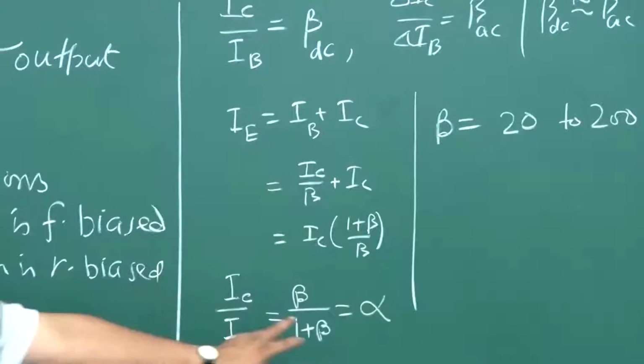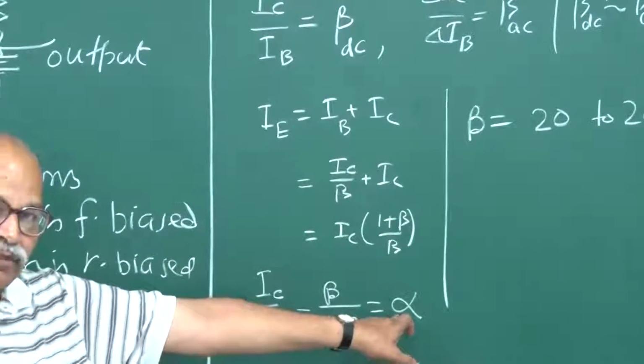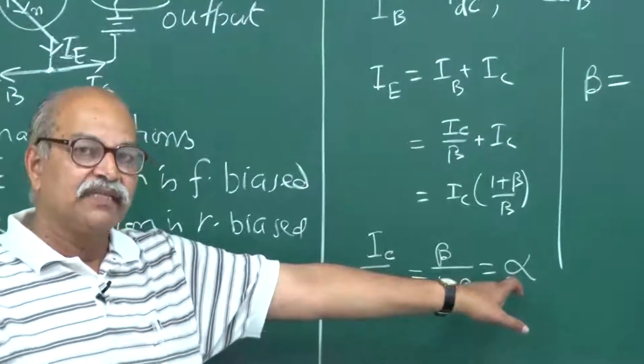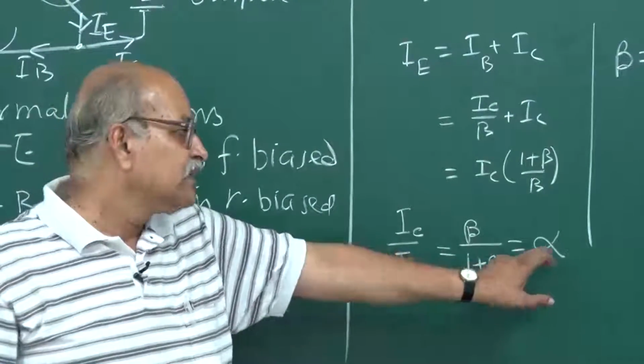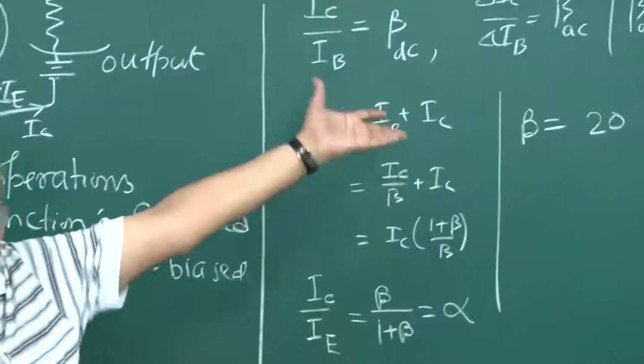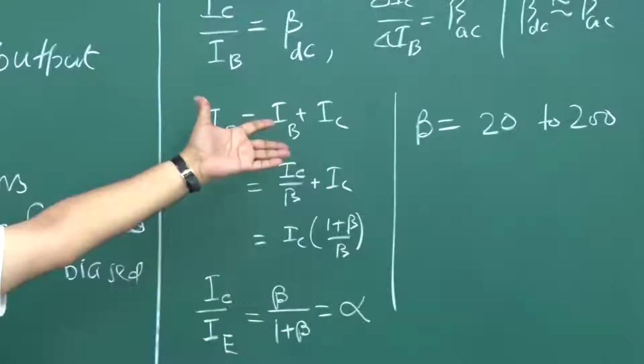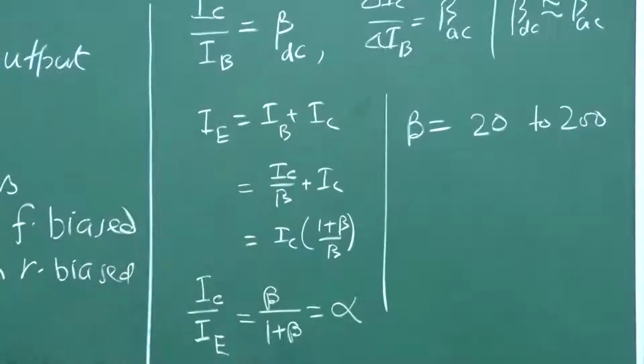So, alpha will be a number close to 1, 0.98, 0.99, 0.995 or 0.985, whereas beta will be a big number, 50, 70, 200, 100 like that. So, that is alpha and beta.